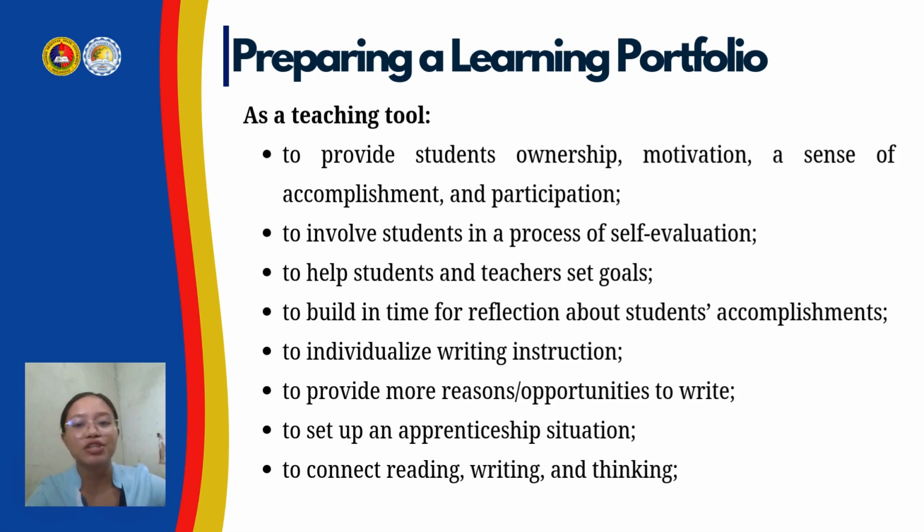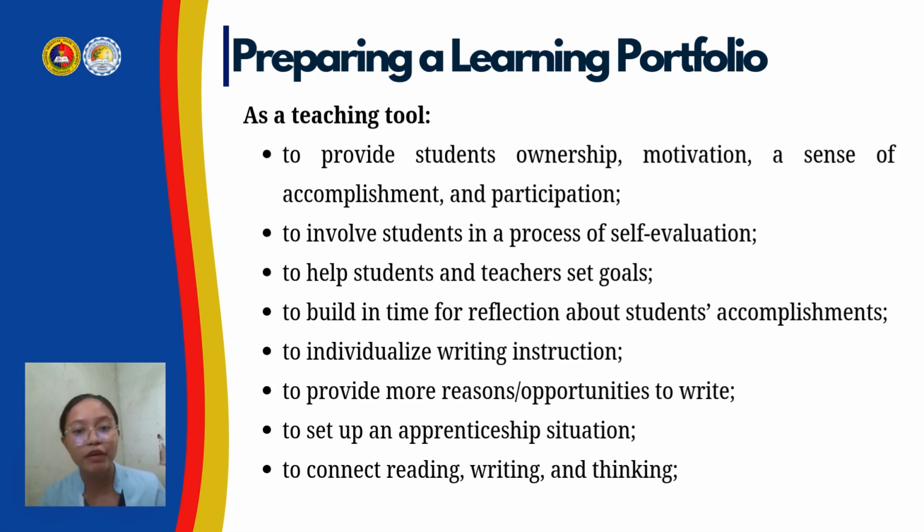To help students and teachers set goals through a two-way process, teachers and students will know how to meet halfway. Okay. To build in time for reflection about students' accomplishments, because as teachers give reflection on the students' skills and performance, these students can actually know the parts where to enhance and develop more.